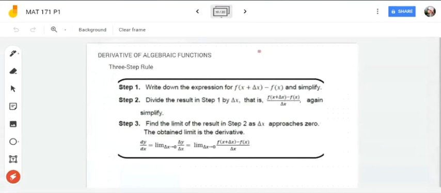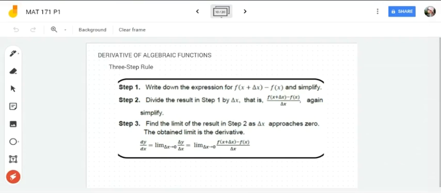Let's go to the next topic, the derivative of algebraic functions. For the derivative of algebraic functions, we will be discussing the differentiation of your equation using the three-step rule. We have three steps for this.